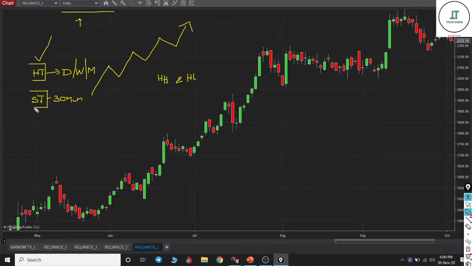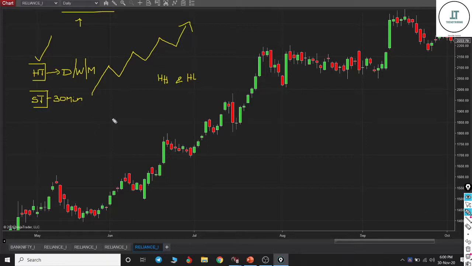Intraday simply means the market starts at 9:15 and ends at 3:30. In this time span, we need to take a trade and come out of the trade. That is, if you are buying, you need to square off or sell the stocks before the end of the trading session. That is called a shorter time frame or intraday.